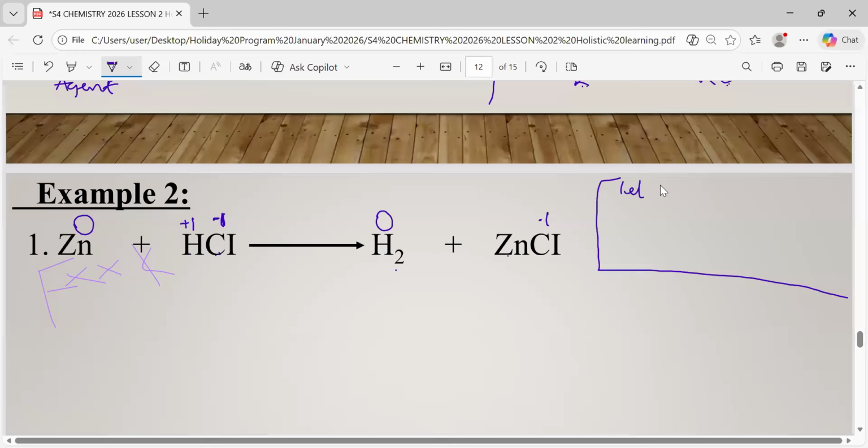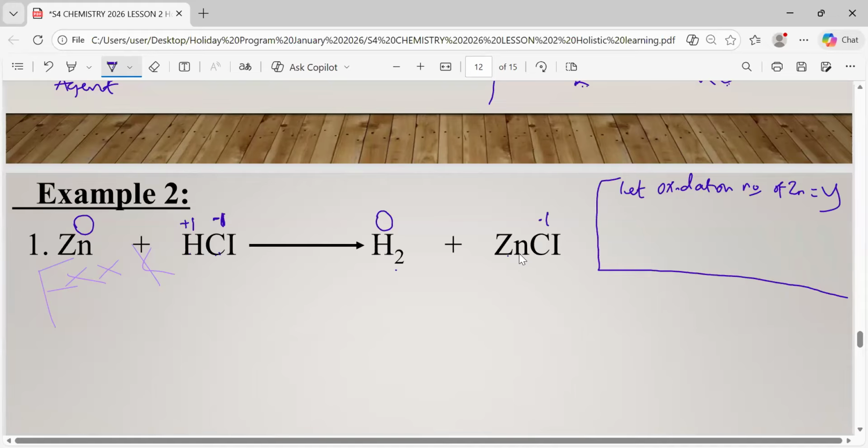So we say, let the oxidation number of zinc equal to, maybe Y. Since there's only one atom of zinc, but there's a problem.